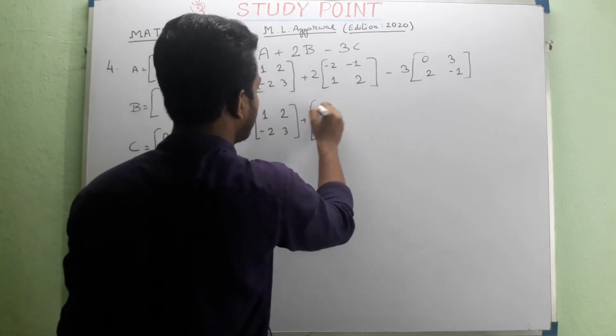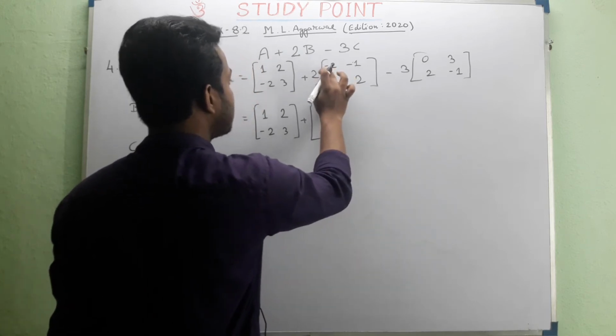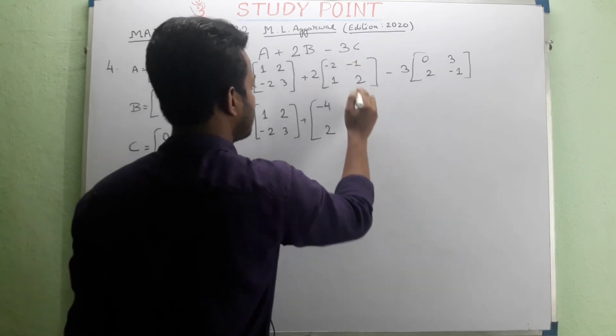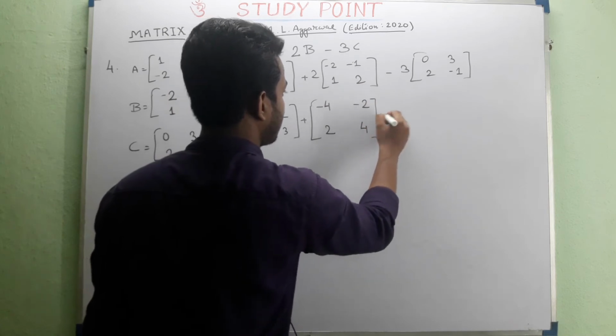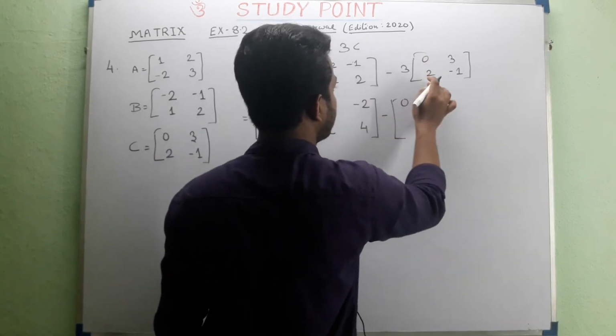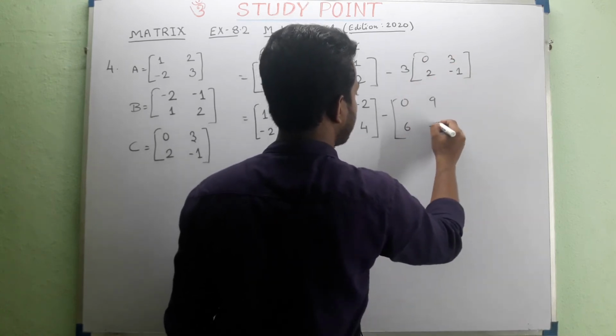Now after multiplying it will be minus 4, 2 into 2 is 4, and because here it is minus, so it is minus. 2 into 1 is 2, 2 into minus 1 is minus 2, 2 into 2 is 4, minus, see 3 into 0 is 0, 3 into 2 is 6, 3 into 3 is 9, 3 into minus 1 is minus 3.